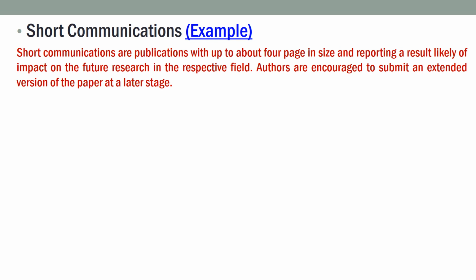It may be 15 to 20 pages, but initially, just like a technical note, you can publish the short communication, which highlights only the innovative thing of 1 or 2 problems out of your complete research area, right? So this you can publish as a short communication.